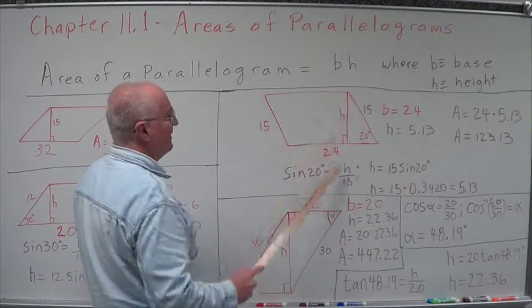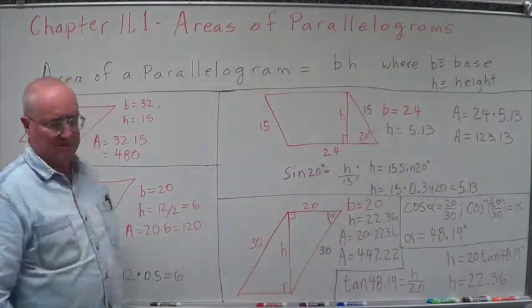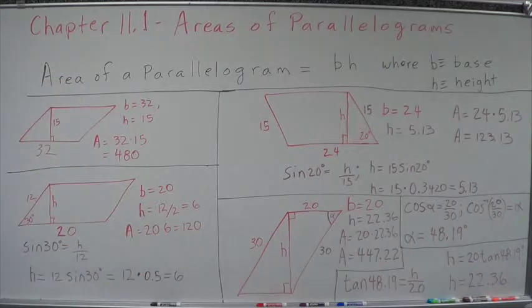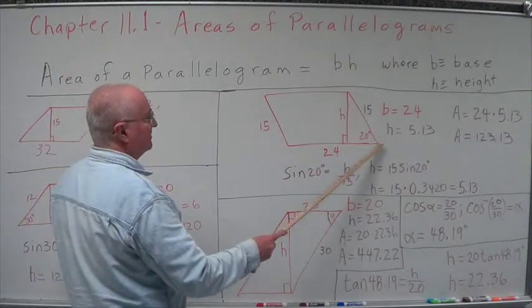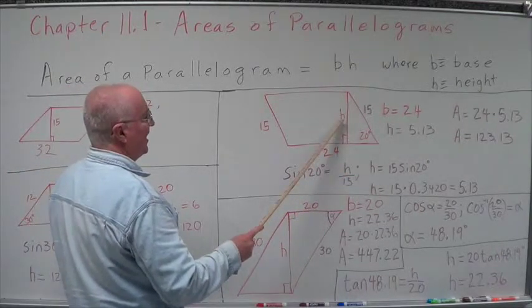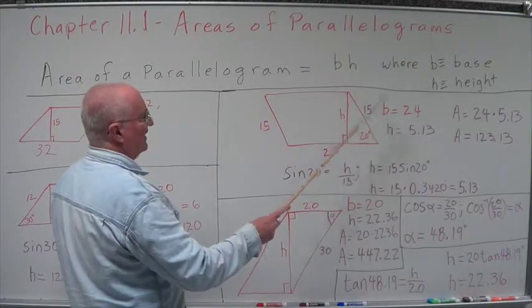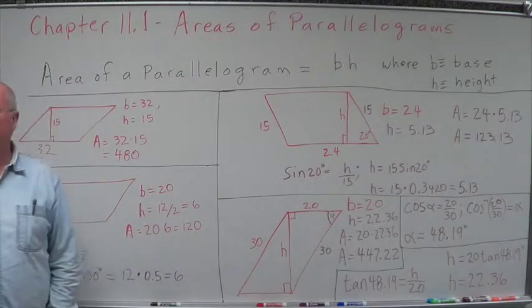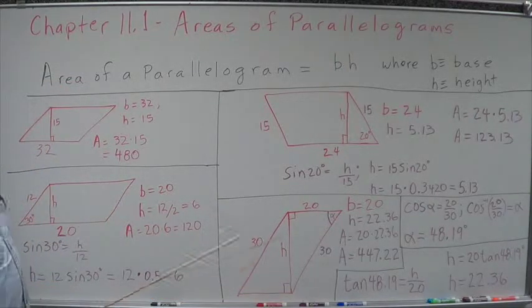But let's look at this. We've got to somehow find out what that height is. We're given that this angle right here is 20. Okay? So we're going to have to do some trig magic to find out what that height is. If I'm standing right here on this angle, I have the opposite, which is my height, and I have this hypotenuse, which is 15. Well, what relates that opposite and the hypotenuse? SOH, oh, it's a sine again.